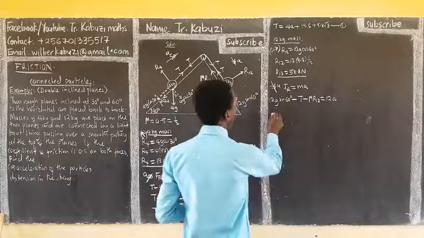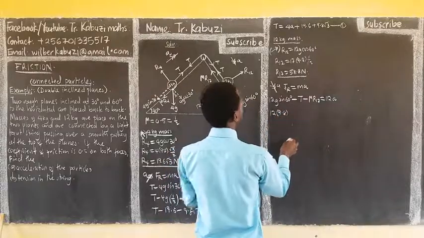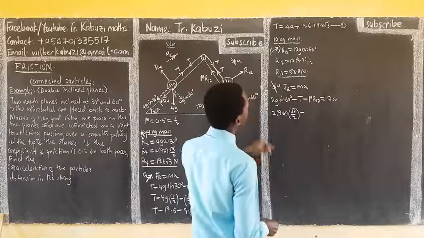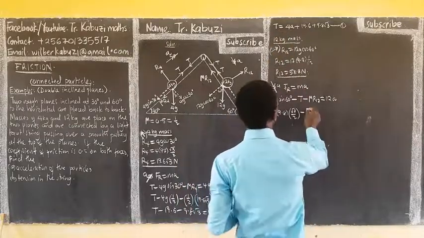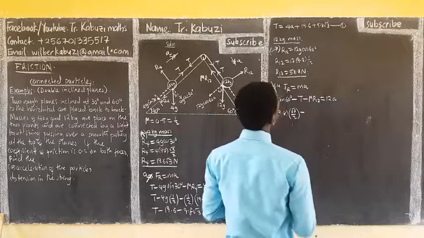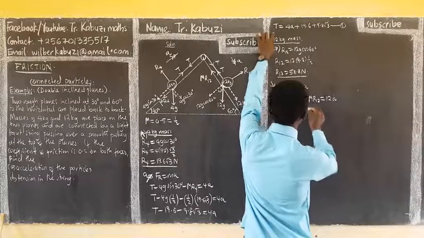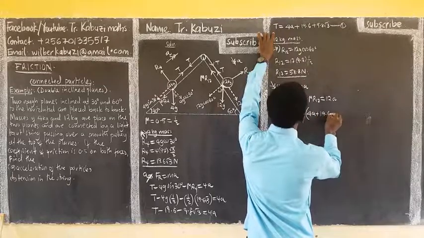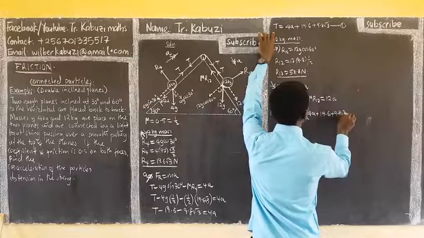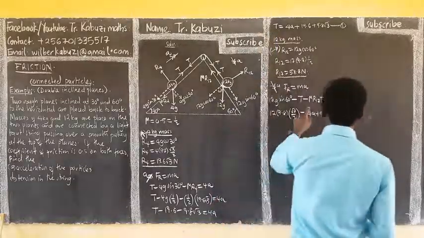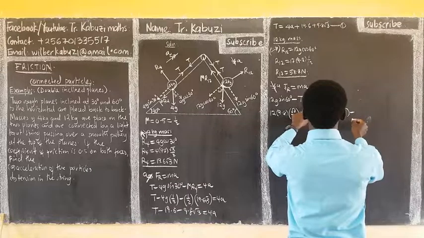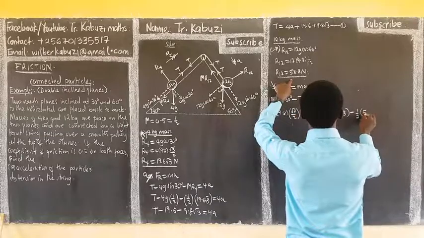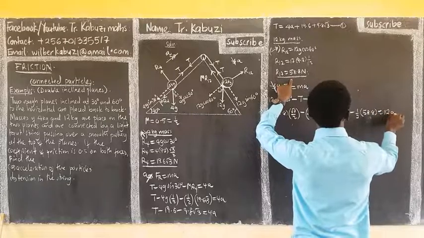So we have 12 times 9.8 into root 3 over 2, then minus T. If we substitute T as 4a plus 19.6 plus 9.8 root 3, then minus our mu, which is a half, into R12, which is 58.8, equal to 12a.